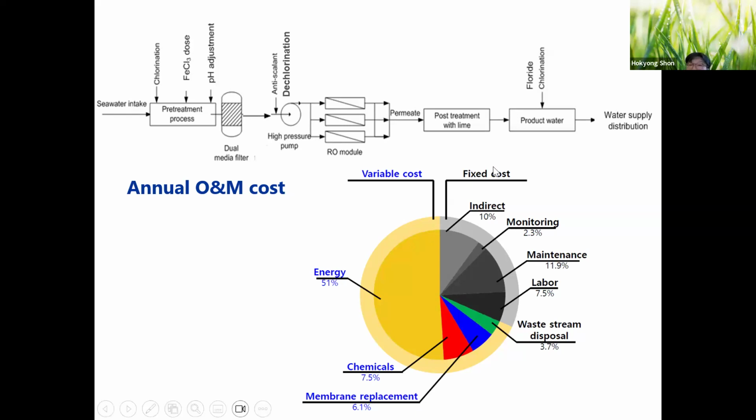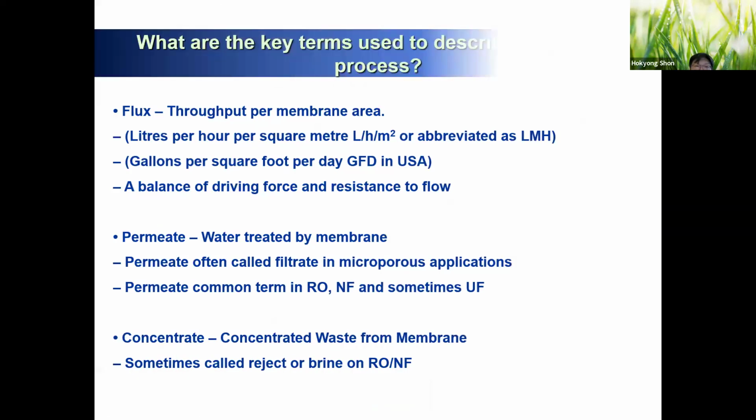And then they also have fixed cost, indirect cost, monitoring cost, maintenance cost, labor cost, chemical cost, waste cost, and membrane replacement cost. So altogether, you have a lot of expensive operating and maintenance cost. So that's what we have to do for the process diagram.